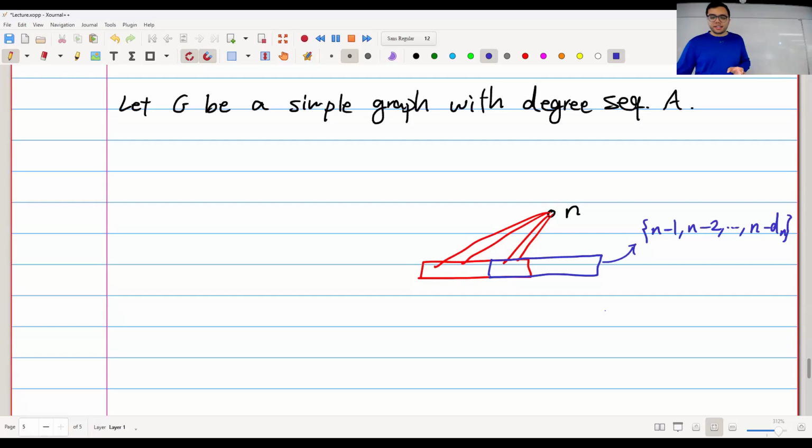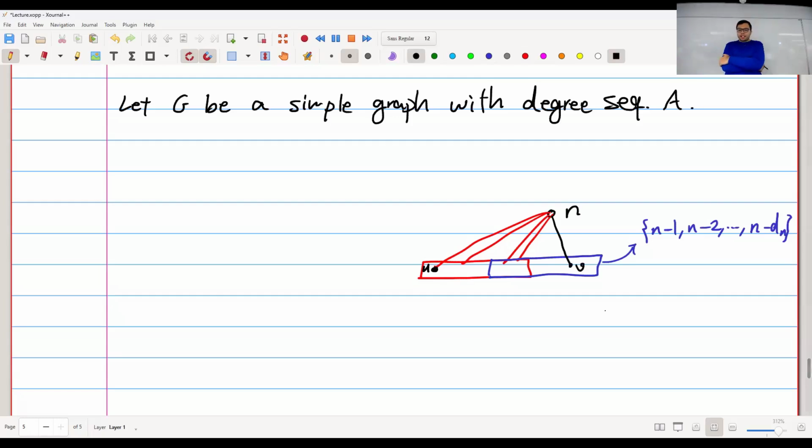Now, in some cases, I'm lucky. Some vertices might be both in the red set and the blue set. I let them be. But I can always take a vertex from the red set, let's call this one U, and I can take a vertex from the blue set. Let's call this one V. Okay.